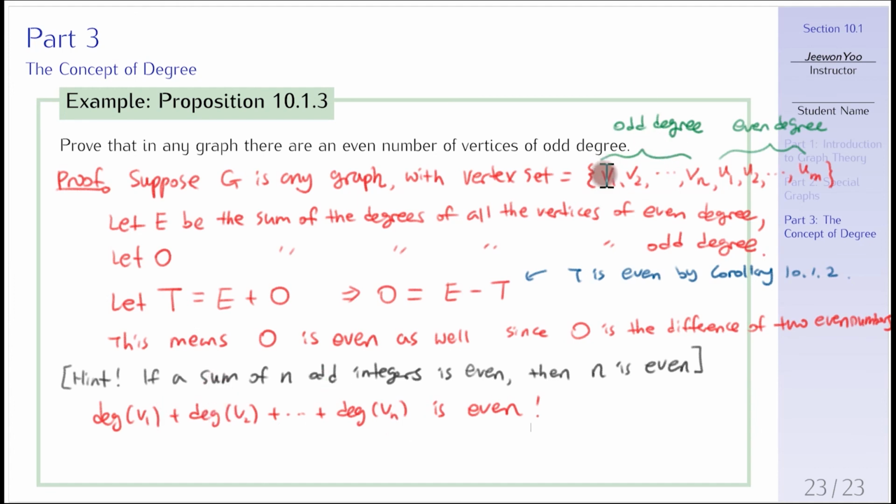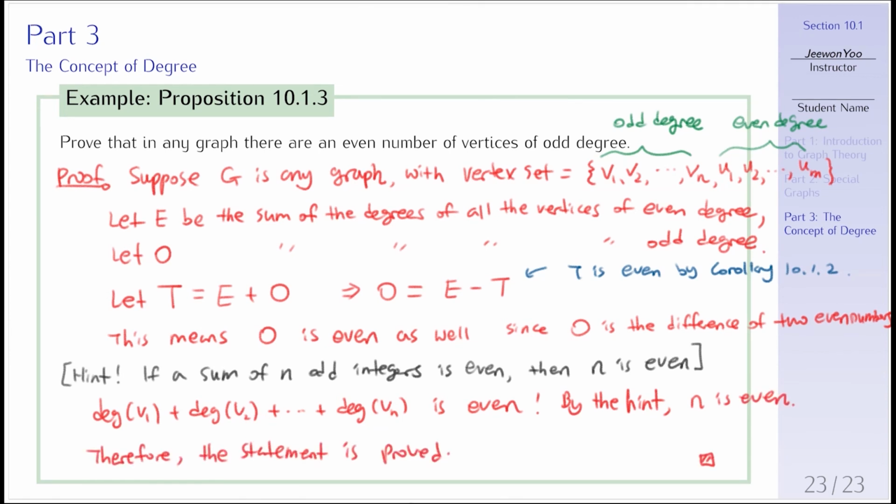Because degree of v1 is odd, degree of v2 is odd, and so on. So all of these numbers are odd integers, and hence the sum being even implies that the number of terms n must be even. That's the end of the proof. Thank you very much.